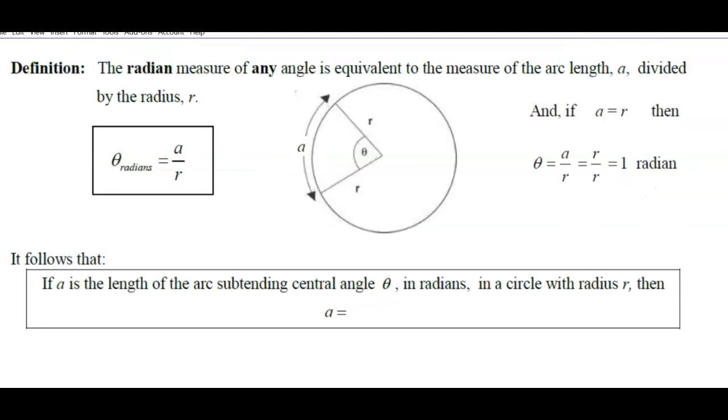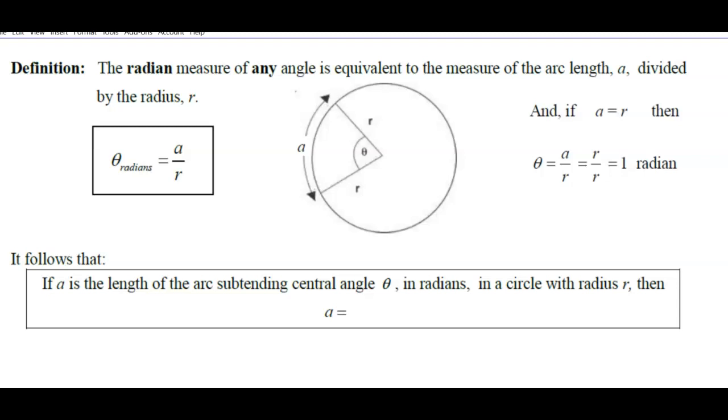But in any case, here it kind of summarizes the radian measure of any angle is equivalent to the measure of the arc length divided by the radius. If those are equal, the arc length and the radius, then the angle is 1 radian. And we did that already in the first lesson, remember? And then I had a little bit more than 6 of those 1 radians.